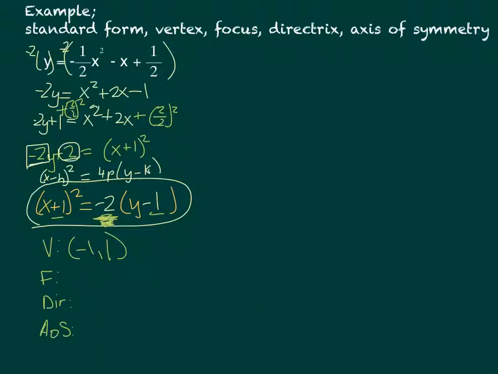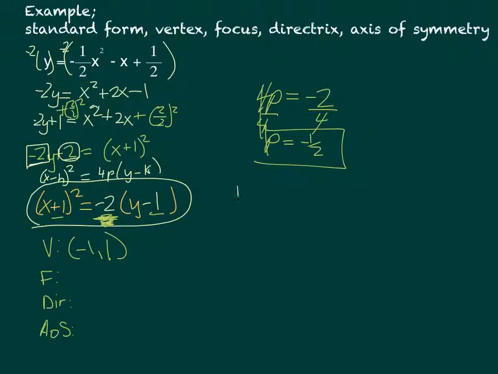That -2 corresponds to 4p. So 4p equals -2, and if I divide by 4, then I know that p is equal to -1/2.